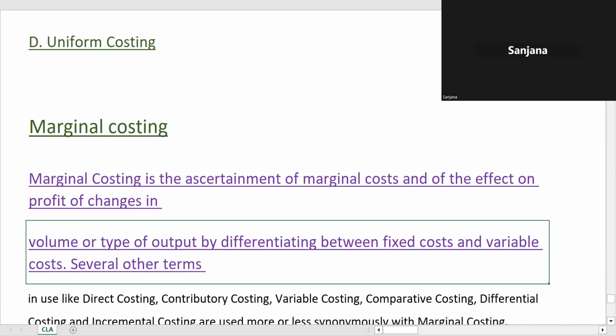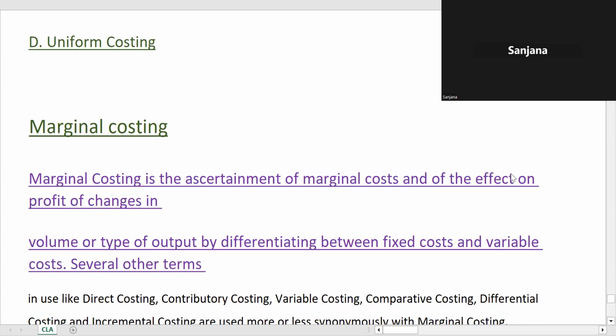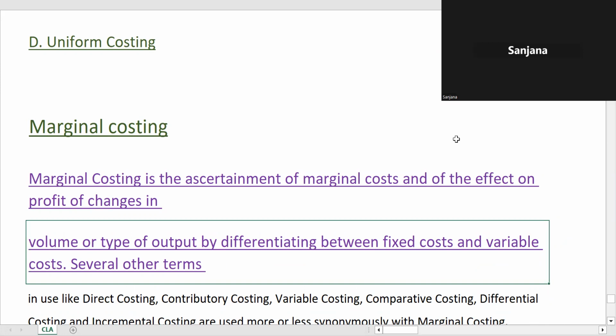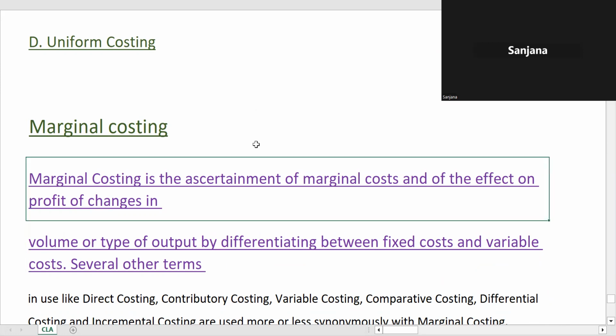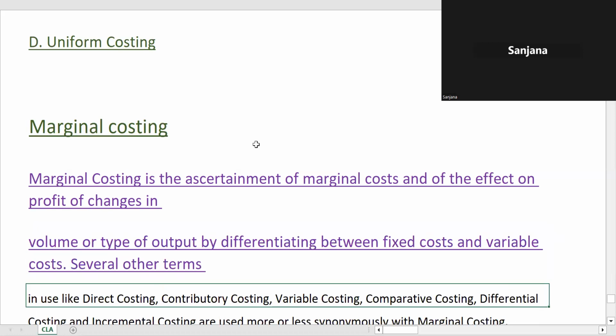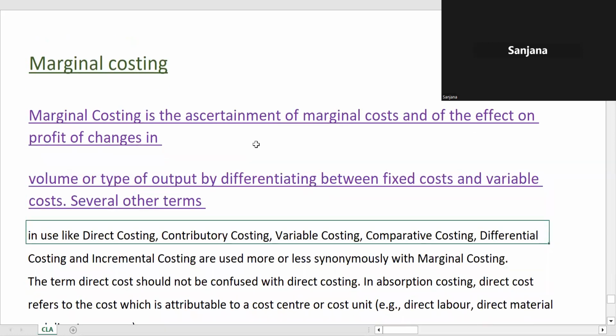The main thing here is you differentiate fixed cost and variable cost. You have to divide it and see. Anyway, we'll do it in the next class.